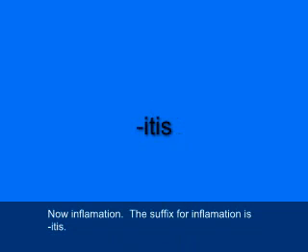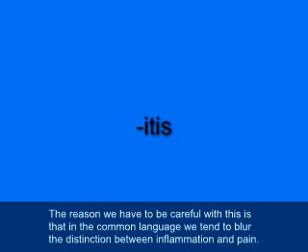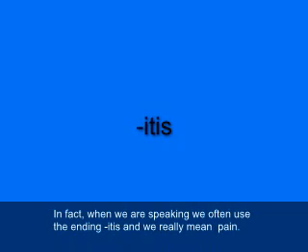Now, inflammation. The suffix for inflammation is -itis, I-T-I-S. Now, the reason we have to be careful with this is that in the common language, we tend to blur the distinction between inflammation and pain. In fact, when we're speaking, we often use the ending itis, and we really mean pain.